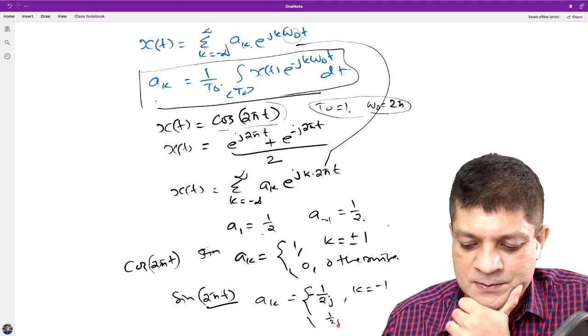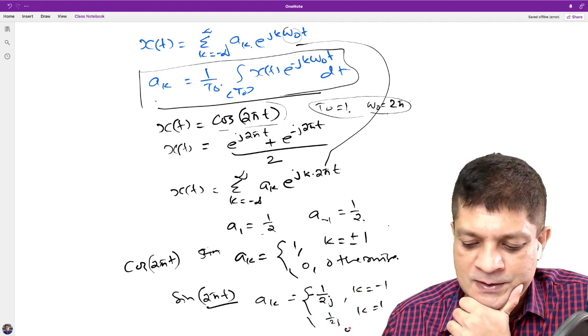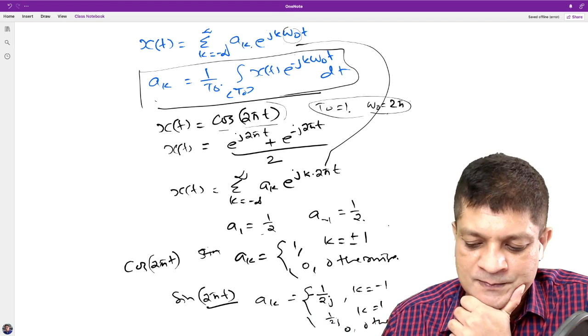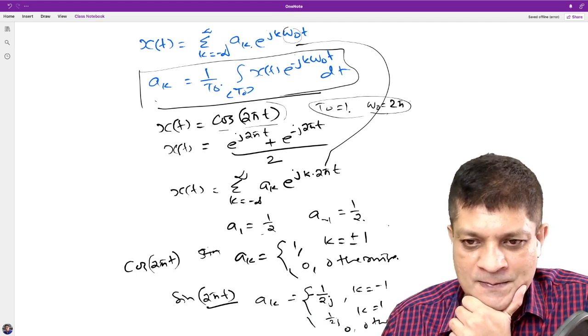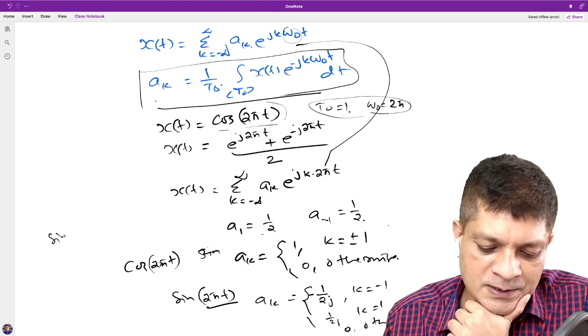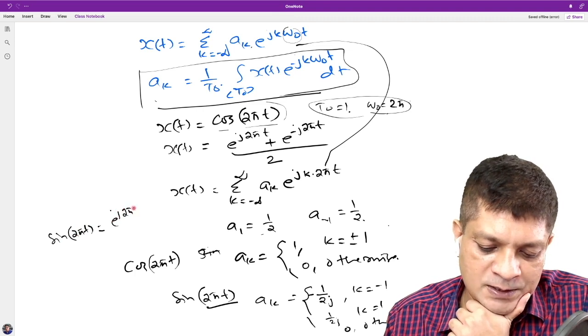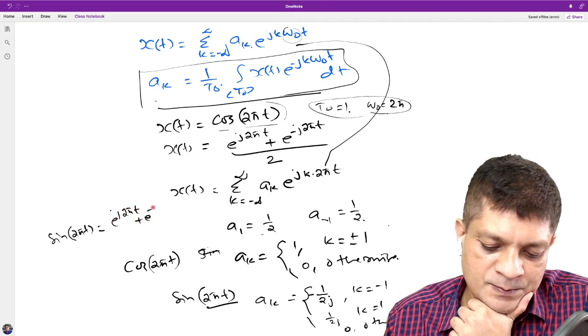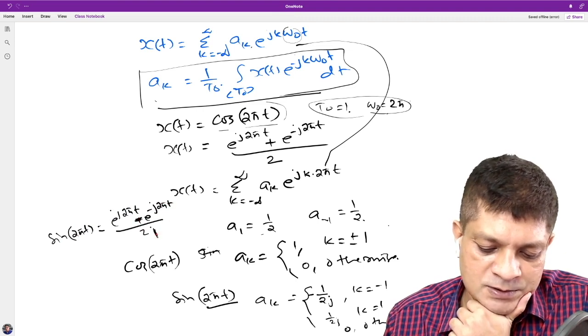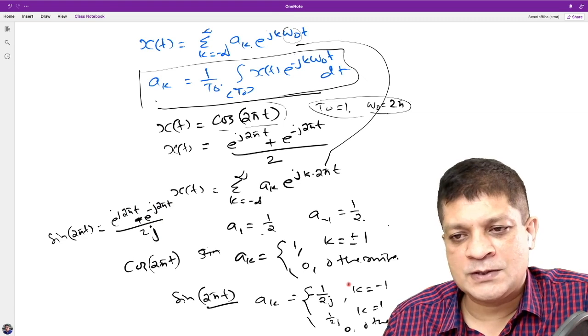And 1 upon 2j for k is 1 and 0 otherwise? Is it this? What is sine 2πt? Sine 2πt is (e^(j2πt) minus e^(-j2πt)) by 2j, isn't it? Sorry, minus by 2j.